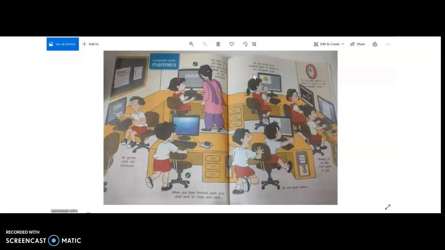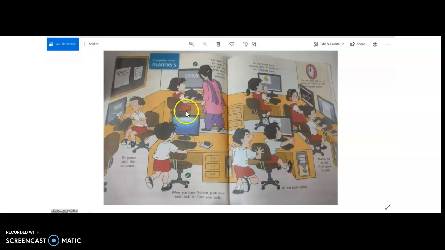In the middle of the class, you should never eat. That is very bad manners. Never eat anything when the class is going on, whether online or offline. And in the computer room also, never bring any eatables or any drinks.